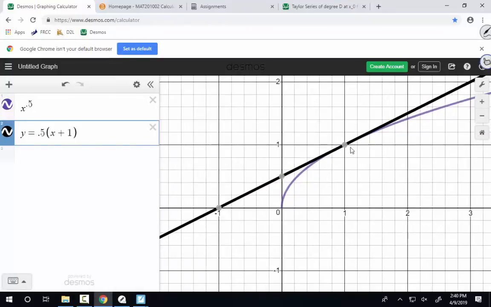We know it's identical at the point, because we constructed our line to touch at that point. So the difference between the function f of x and the linear approximation at the point you constructed is nothing, because the tangent line touches at that point.